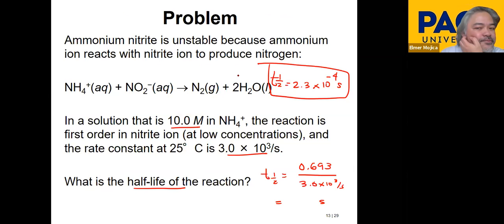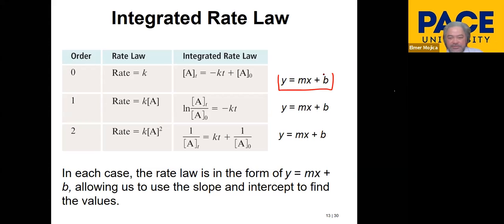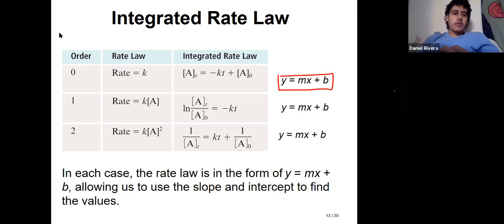Any question so far before we go into how we plot the integrated rate law? If you look here, all of them will have this. What is y equals mx plus b? Anyone? Slope-intercept form.